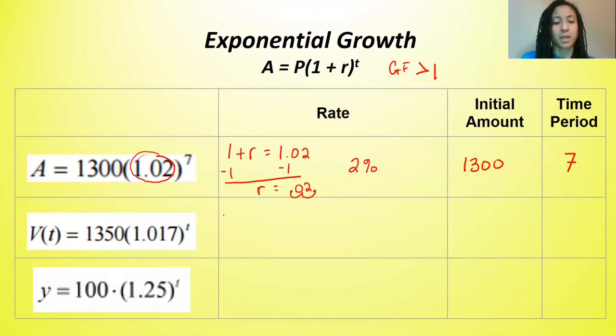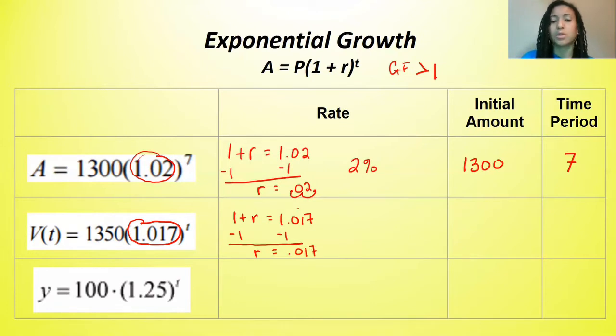The rate for the second one, once again, we know it's a growth factor because of this piece right here. So if I did 1 plus R equal to 1.017, we're subtracting 1 from both sides. So R is equal to 0.017.